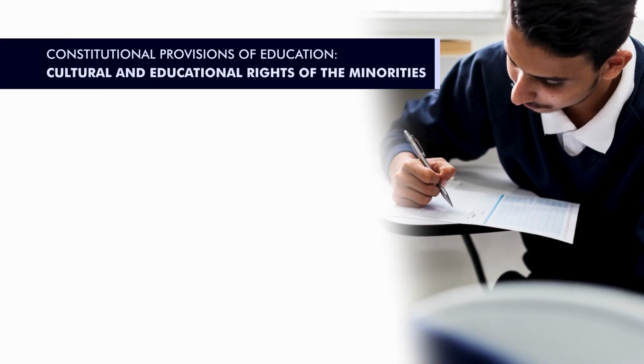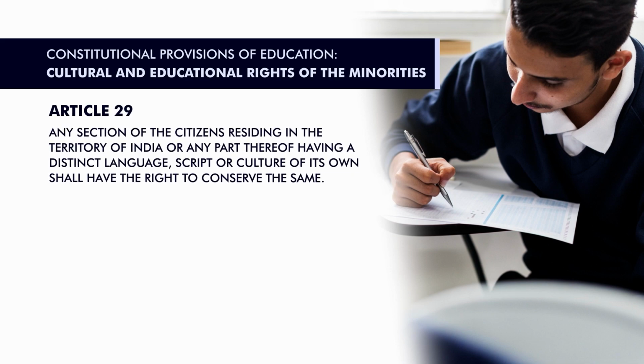Now, let me focus upon some of the constitutional provisions included under the cultural and educational rights of the minorities. Article 29 says that any section of the citizens residing in the territory of India or any part thereof having a distinct language, script or culture of its own shall have the right to conserve the same.